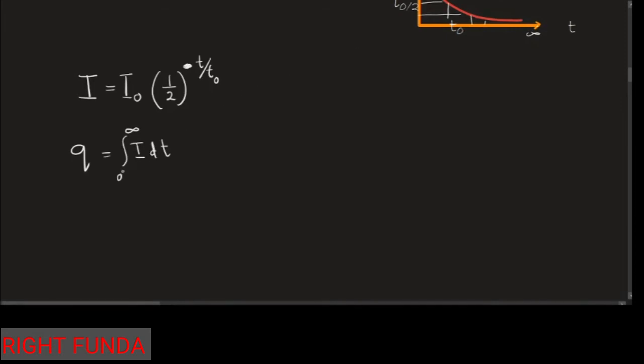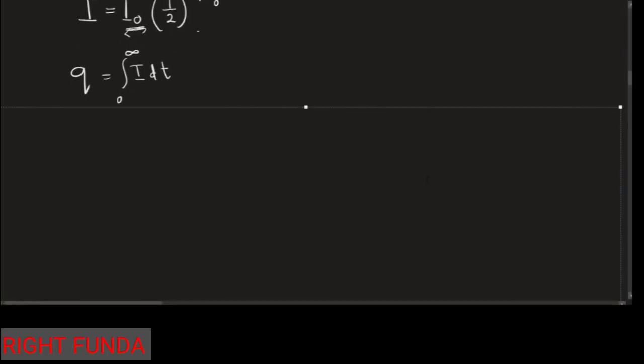So I have to integrate from 0 to infinity to calculate Q, because the total charge flown has been given to us. From that, I will get the value of I naught, which is not given in the question, unlike last time when it was a linear function. Now we have a function where the current becomes half of its previous value every t naught time.